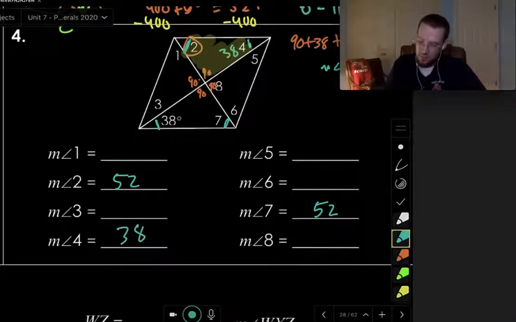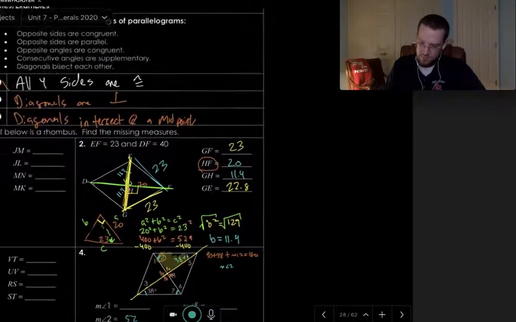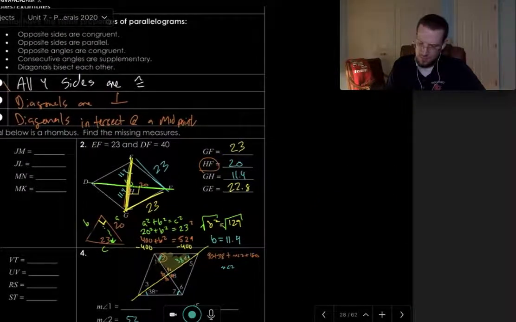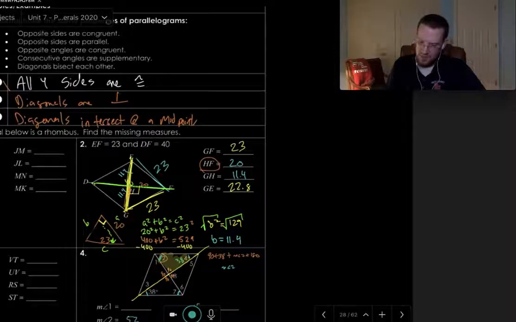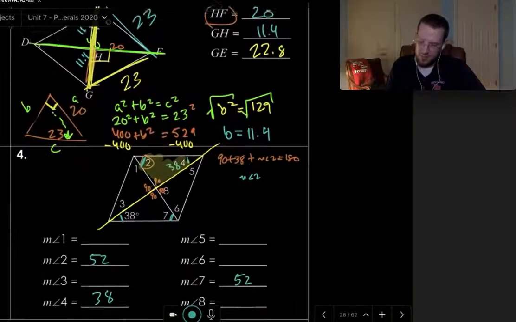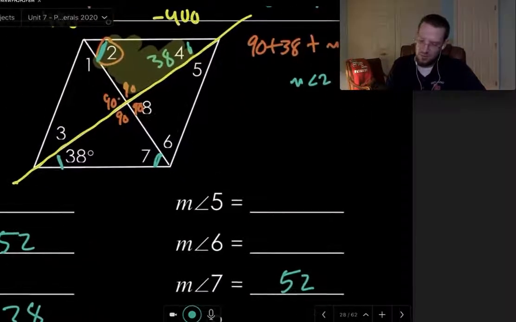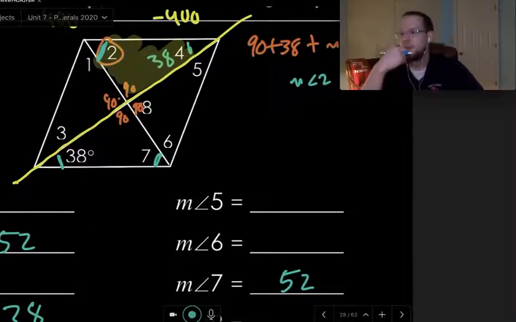Angle 3. Diagonals bisect each other. Opposite angles are congruent. Do we know that yet?